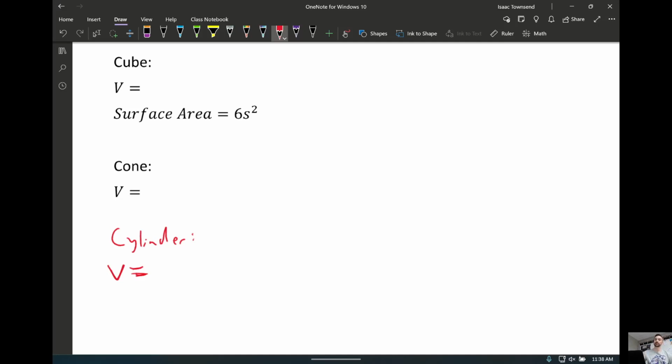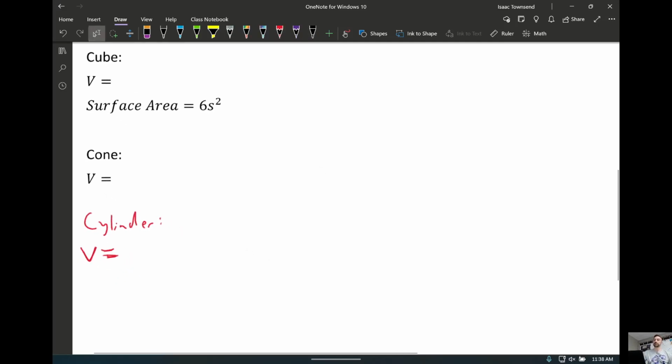I hope that you don't feel like you need to memorize that. But when it comes to three-dimensional shapes, there's really two main types. Prisms are the things that have two bases, and pyramids have one base.